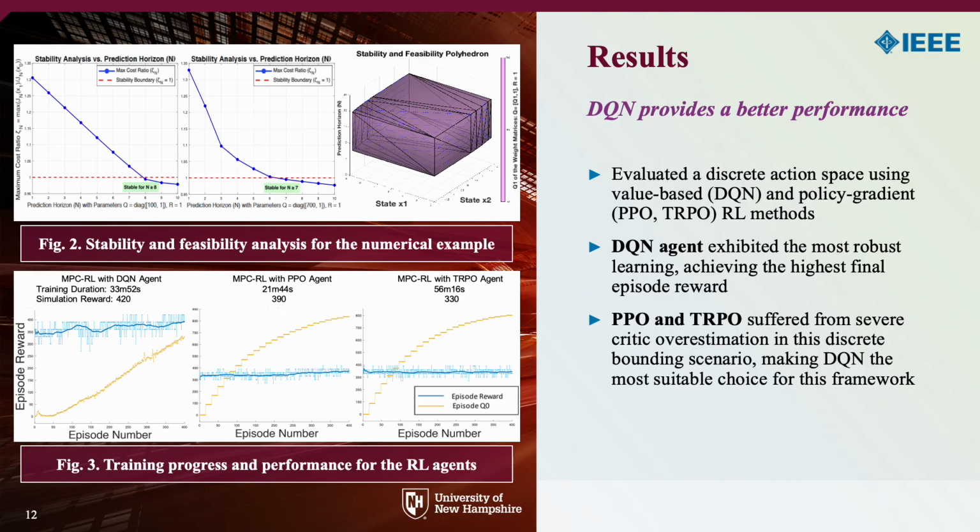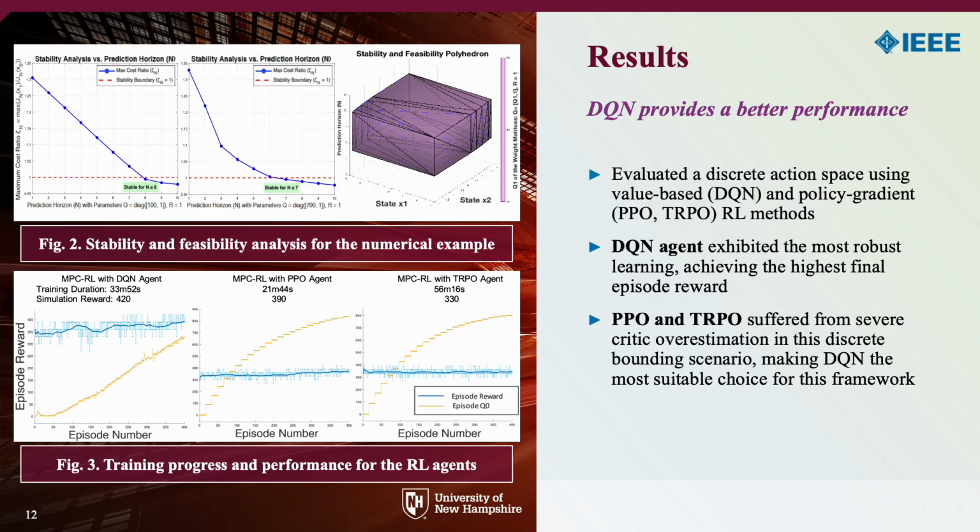As you can see in the training progress graphs, the DQN agent achieved the highest final episode reward of 420, and its estimated returns accurately tracked the observed rewards. While PPO and TRPO are very capable algorithms, in this specific example they are worse than DQN. Consequently, for our framework, DQN proved the most reliable and suitable choice.